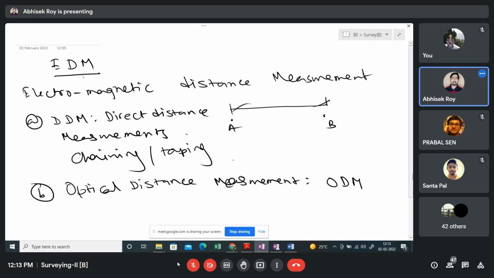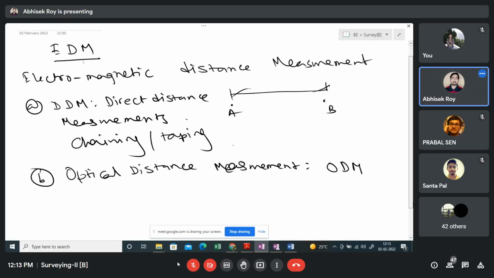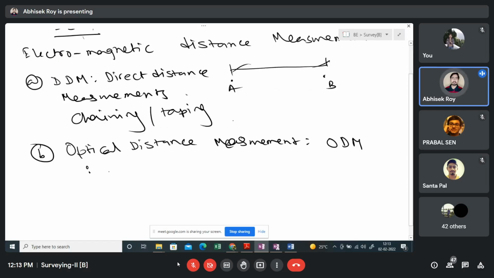Tachymetry is the example of this sort of measurement. And the third one is called electromagnetic distance measurements, EDM.